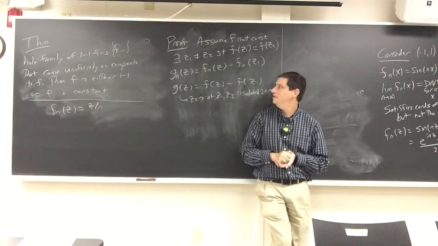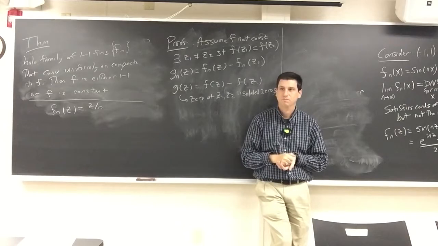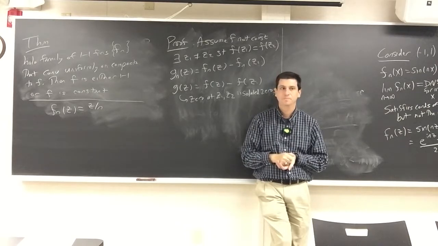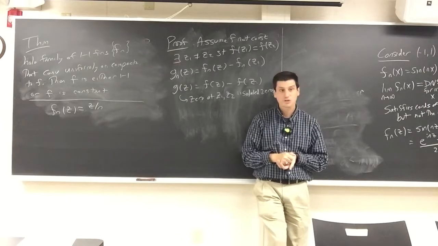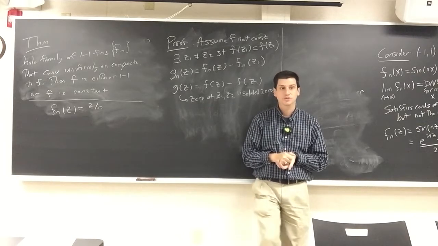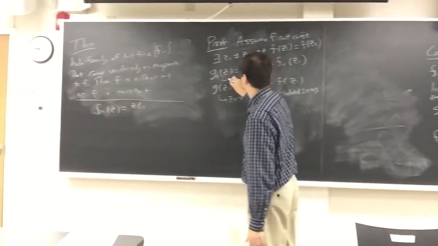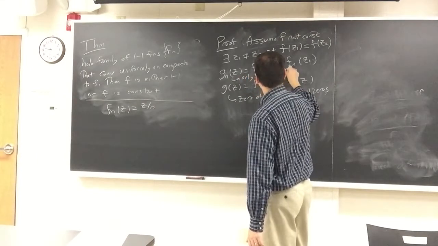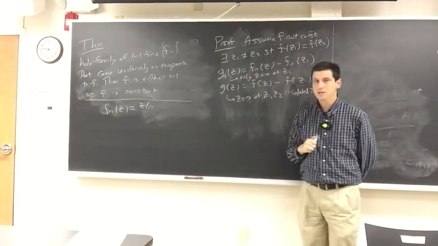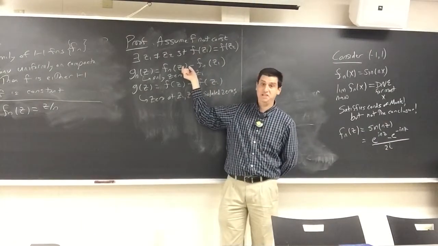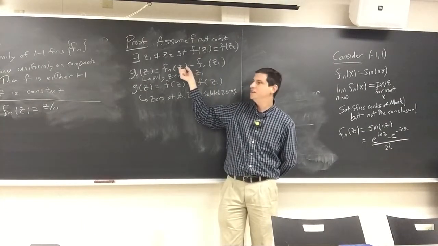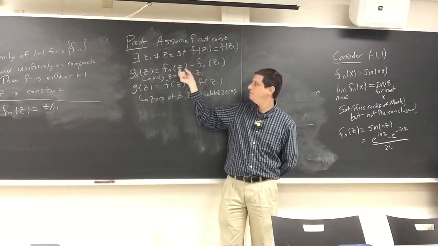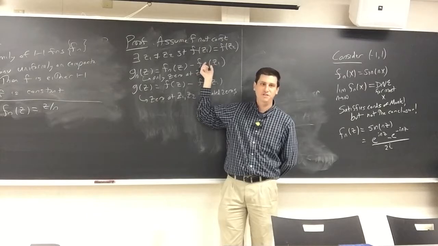What about g_n? How many zeros does g_n have? Just one. Could it have a 0 anywhere else? If it was 0 some other place, say z_3, then f_n(z_3) minus f_n(z_1) would be 0, so f_n(z_3) would equal f_n(z_1).